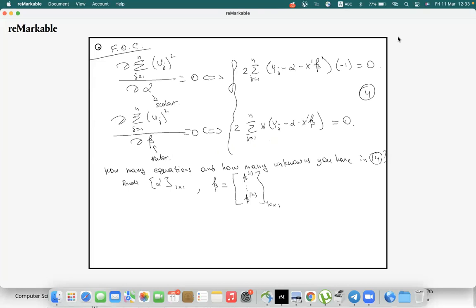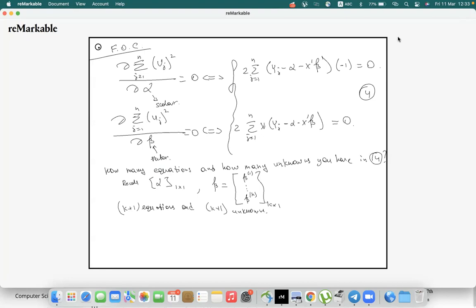It's k plus 1 equations and k plus 1 unknowns. You can see, right? Beta is a vector, right? So it's k plus 1 equations and k plus 1 unknowns.